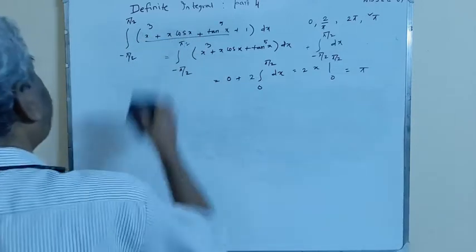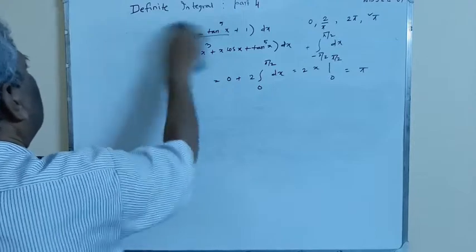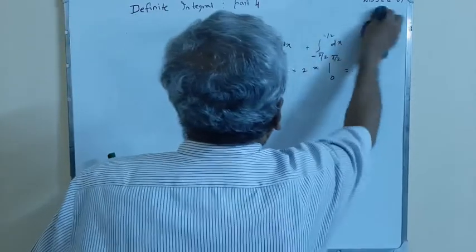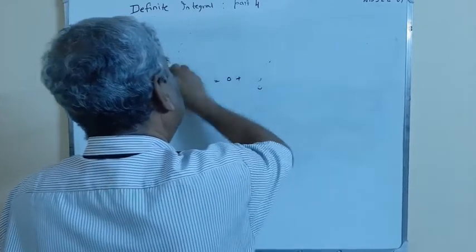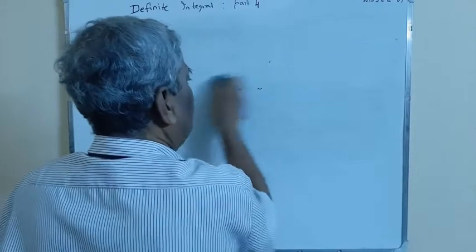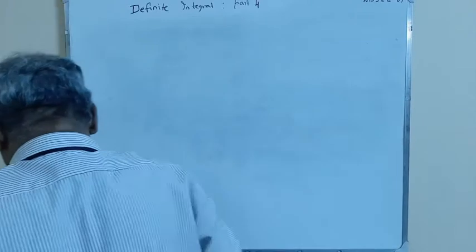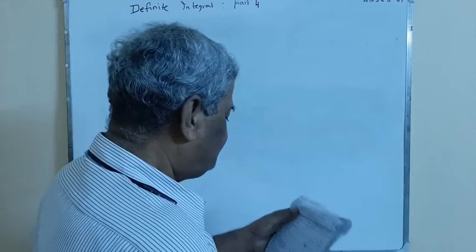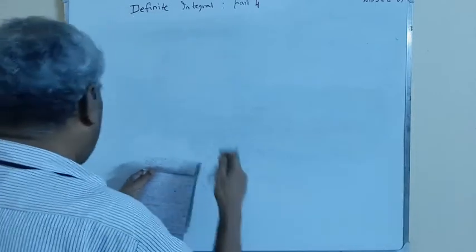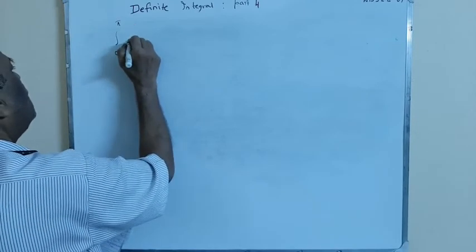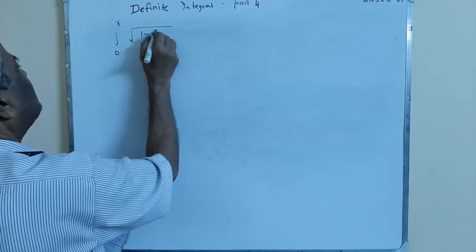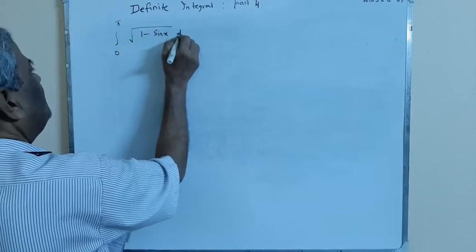Next. Next one is the integration from 0 to pi of square root of 1 minus sin x dx.